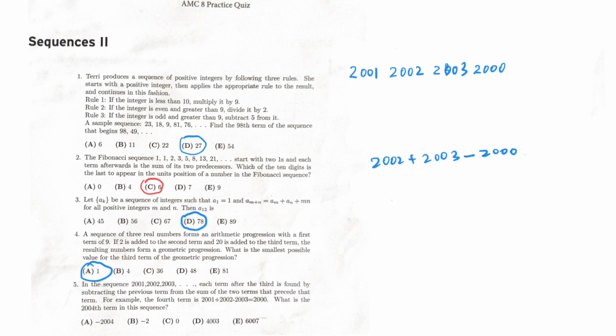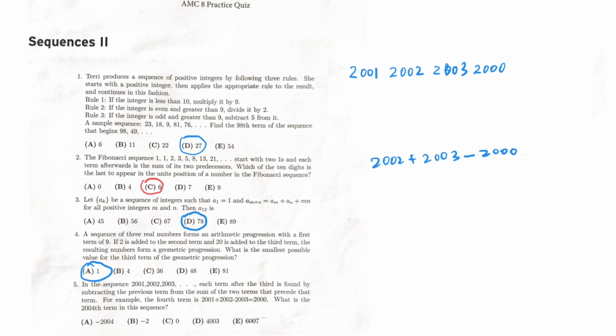Hopefully we can find the pattern. So look at the first term, 2001, third term, 2003, 2005. It's an arithmetic sequence. Common difference is 2.